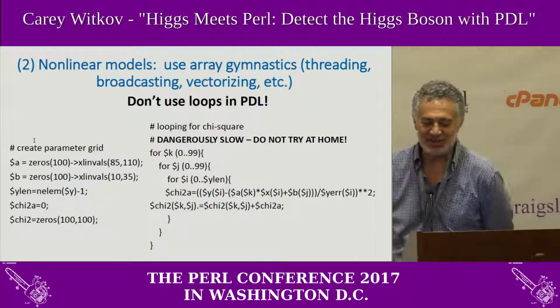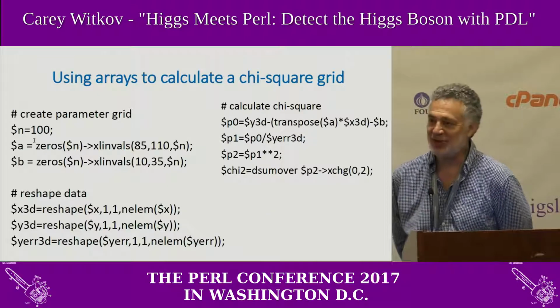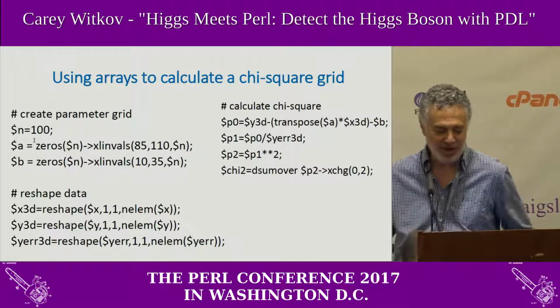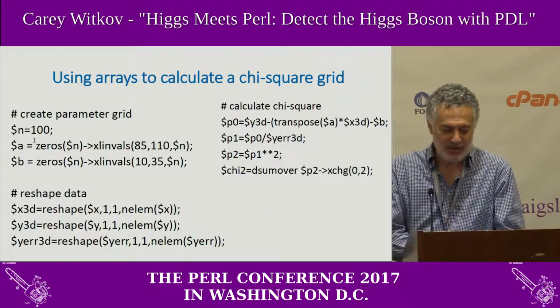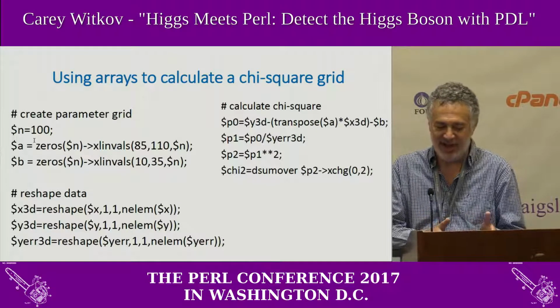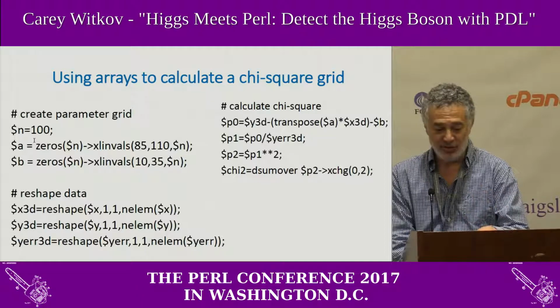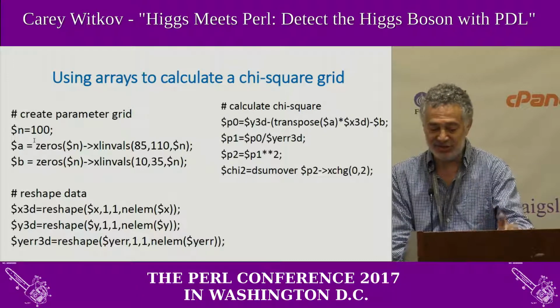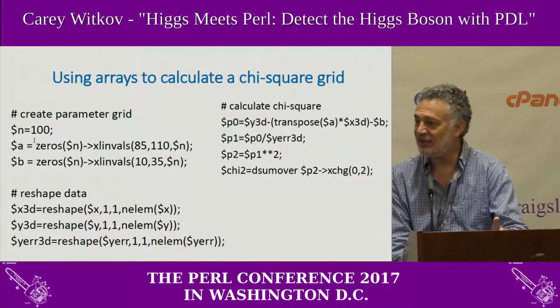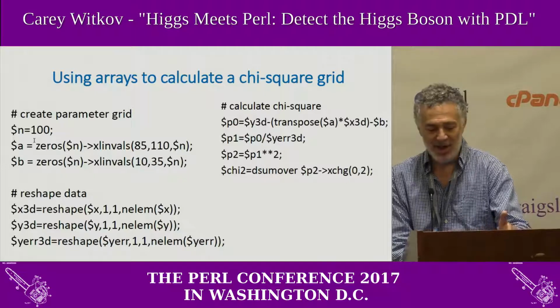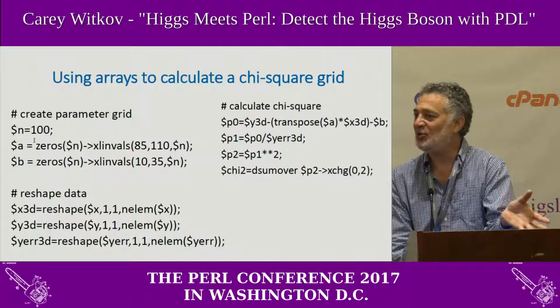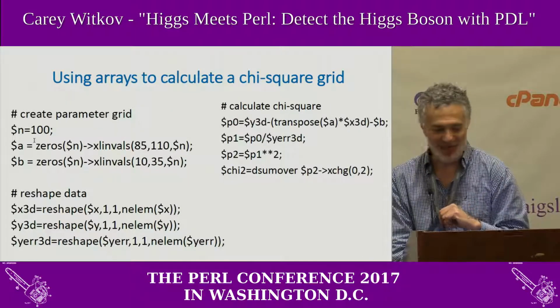So you can use PDL's array features instead to calculate the chi-square grid, and this is just one way to accomplish that: reshaping the data, then calculating chi-square. You'll notice that calculating chi-square is essentially going through the definition of chi-square, but it's able to deal with entire arrays at one time.